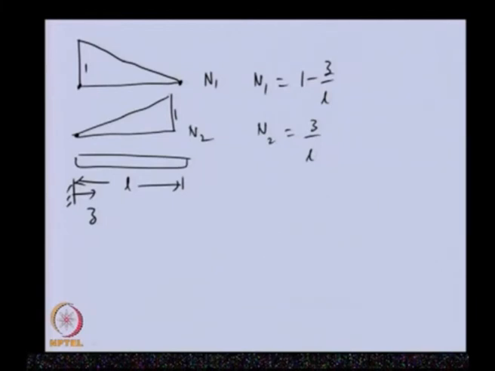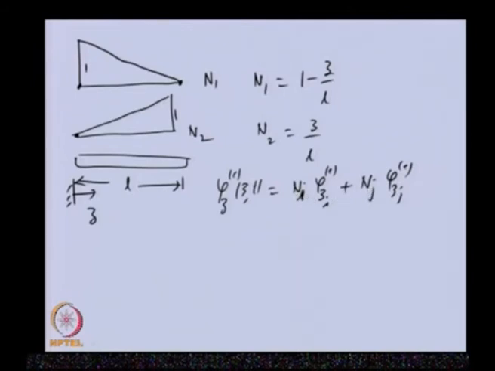So, you can see how this interpolation function changes, and from this we can obtain the field variable. So this is Ni, corresponding to node I, and this is corresponding to node J.